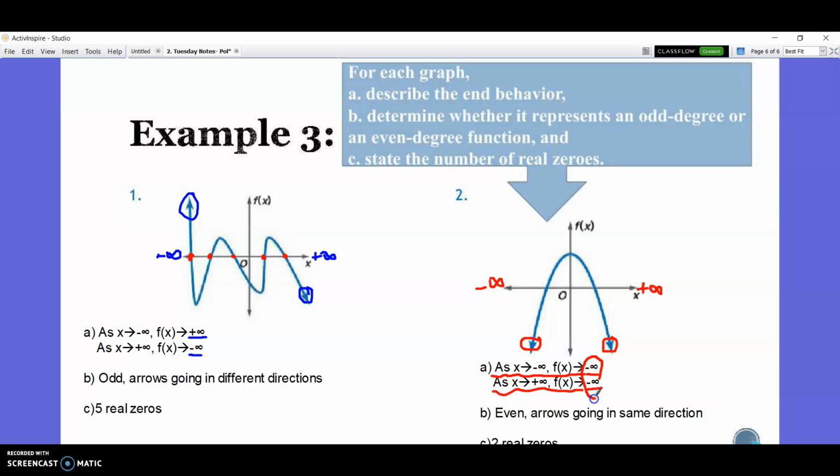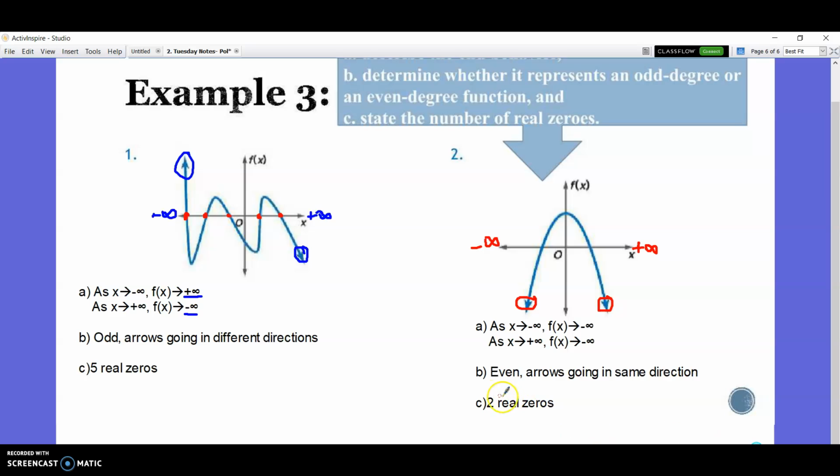It's just that last symbol, whether it's positive or negative infinity, that you have to fill in. Looking at our arrows, they're both going down, so that's negative infinity. It has to be even because the arrows are facing in the same direction. They're both going down. And then there are 2 real zeros because it crosses once and twice.